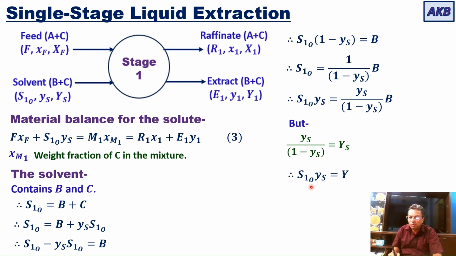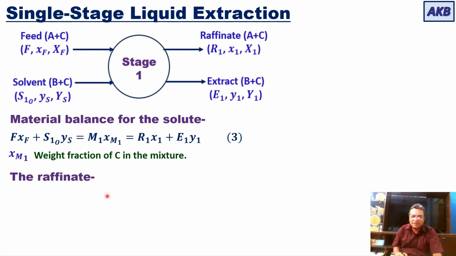So it will be S10 into small ys equal to capital Ys into B. That means the term S10 into Ys present in equation number 3 can be replaced with capital Ys into B. We are going to replace each term with a term containing capital X and capital Y. For the time being, it is clear that the term S10 into Ys can be replaced with capital Ys into B. Now let us analyze the raffinate phase.